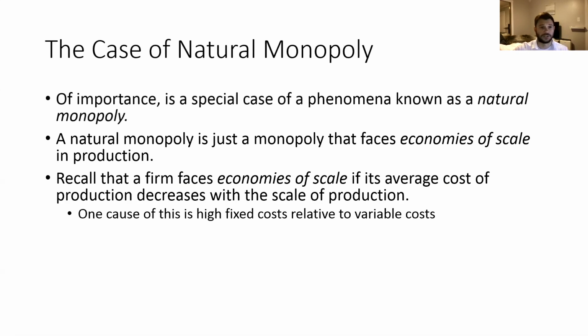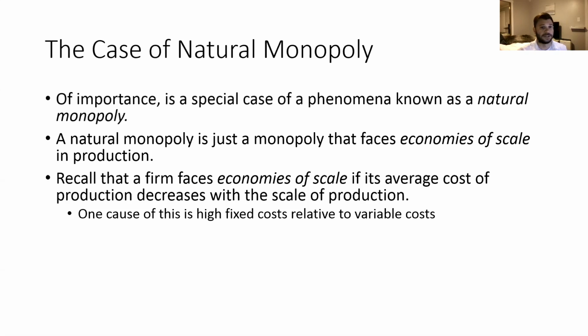And we discussed earlier this idea that the larger the fixed cost is relative to the variable cost, the larger a range of output levels existed in which the monopolist faced economies of scale, that minimum efficient scale of production where the average cost curve reaches its minimum. That was really big when high fixed costs were also in play.